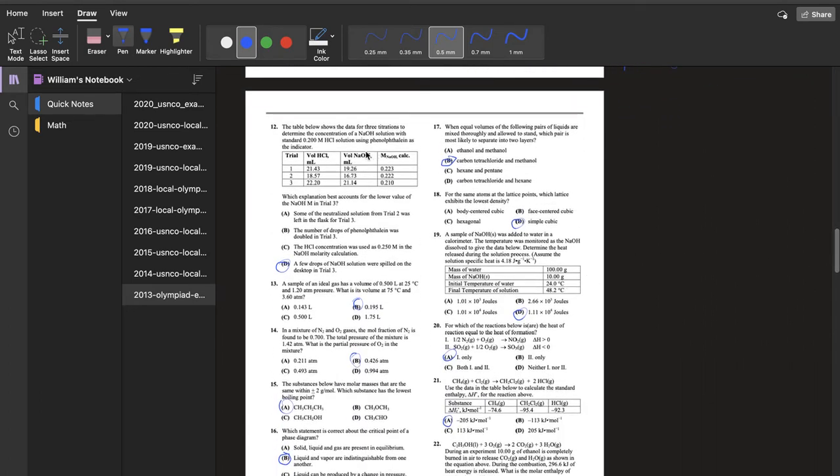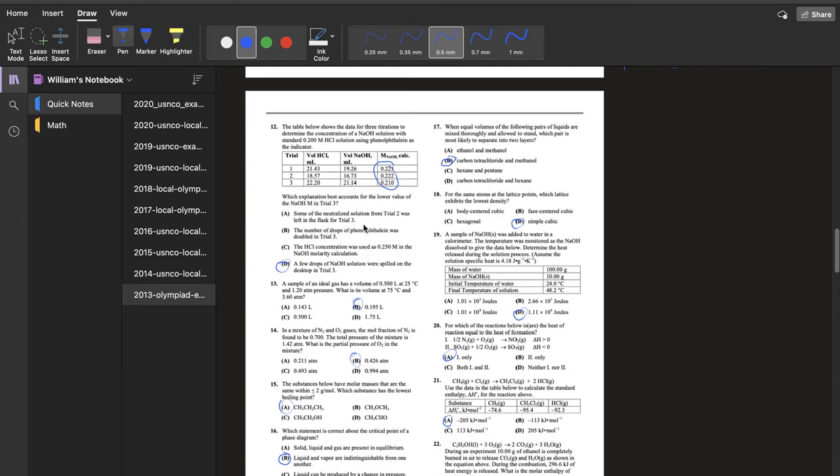Okay, number 12. We ran an experiment, we ran a titration, and then we've got these concentrations calculated. And basically it's a question asking what caused us to make this error. So we can just go through the answer choices. Some of the neutralized solution from trial 2 was left in the flask for trial 3.